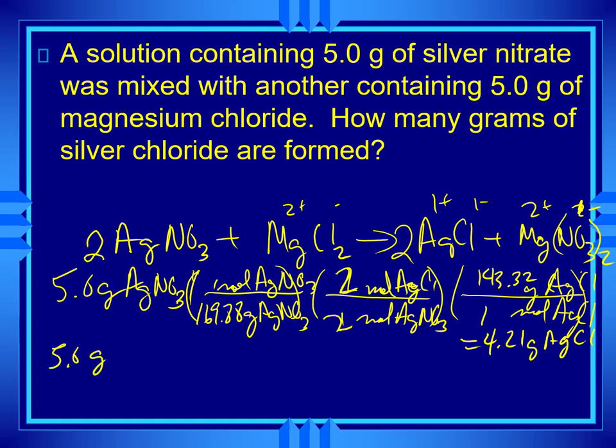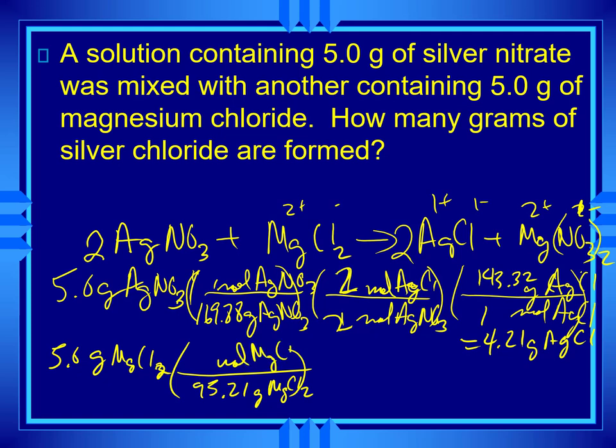I take the 5 grams of magnesium chloride. So 24.31 plus 70.90 is 95.21 grams of magnesium chloride to moles of magnesium chloride. Then moles of magnesium chloride to moles of silver chloride. Same product. 2 and 1.